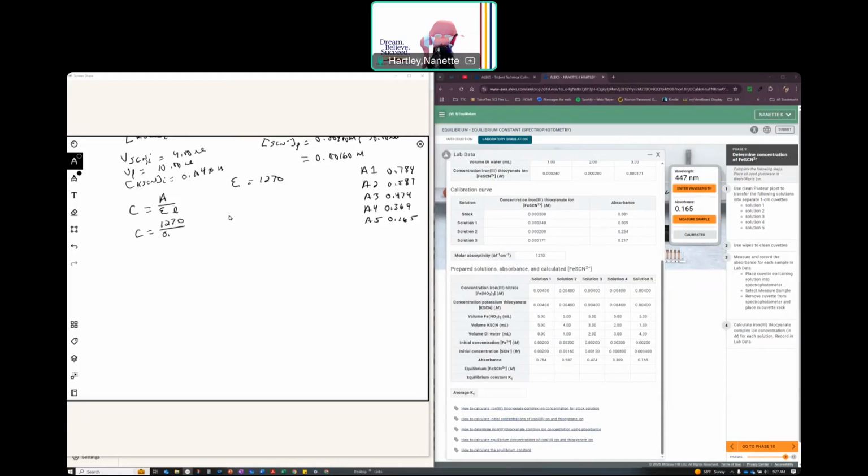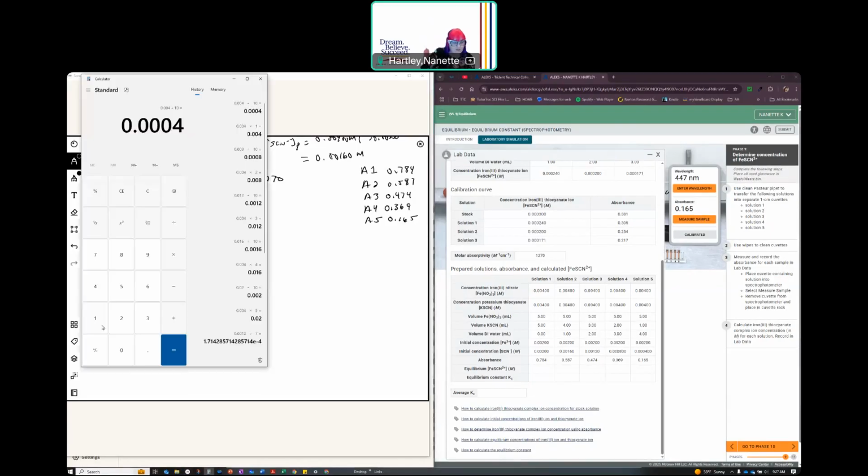So that 0.78 times the mole, because I'm wrong. So concentration is going to be equal to 70 divided by 0.78.